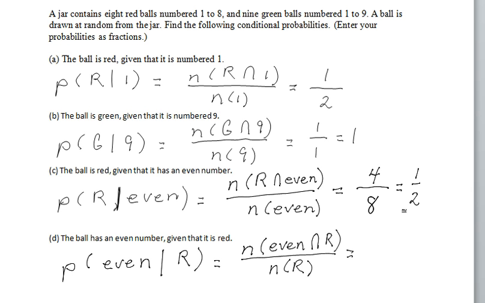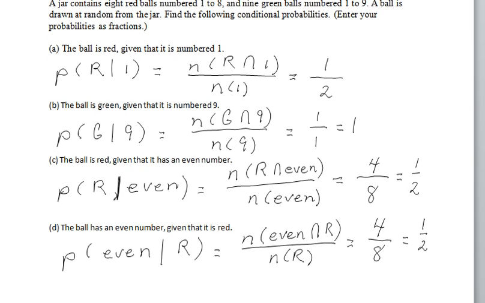Well, we know that there are 4 even numbered red balls. There are 8 red balls altogether. So again, this has a probability of 1/2. Once you have a red ball, there's a 50% chance it has an even number.